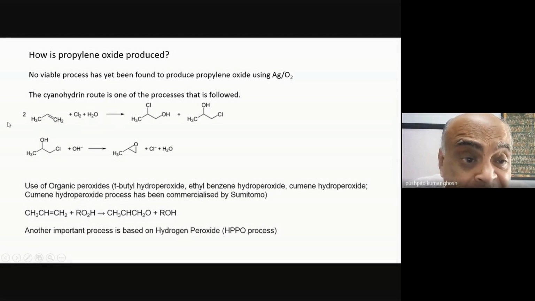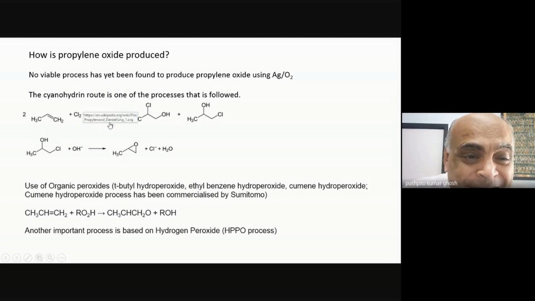The reason is propene is very vulnerable to the oxidation of this methyl group, which you don't have in ethylene. So the propensity for formation of carbon dioxide as the predominant reaction will be much more. So back to square one.